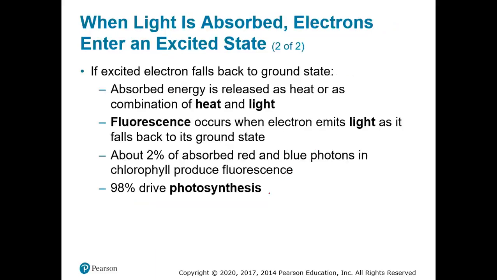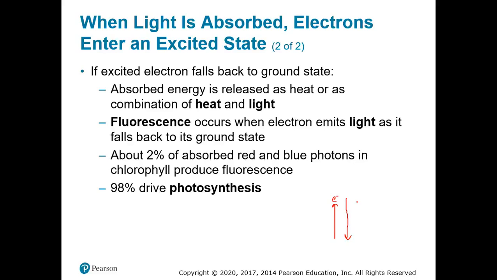Now, whenever an electron is excited, so it's bumped up an energy level, just like we saw on the last slide, when it falls back down to ground state, that energy that was absorbed, that bumped up our electron, is either going to be released as heat or light. Now, for talking light, that is what we call fluorescence.